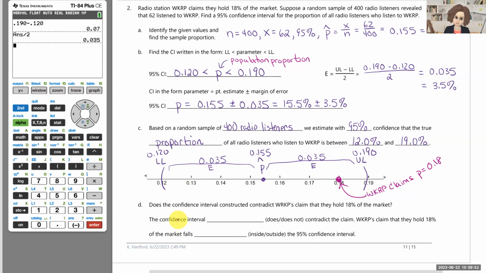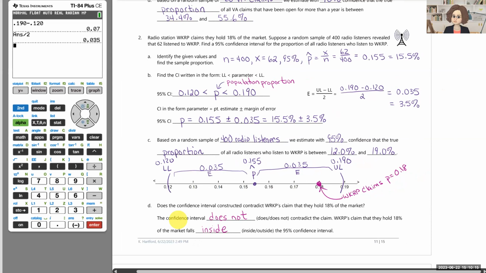So the confidence interval does not contradict WKRP's claim that they hold 18% of the market, because 18% falls inside of our confidence interval. All right. So there are 2 examples for you for estimating unknown population proportions using p hat sample proportion, which is called your best point estimate.